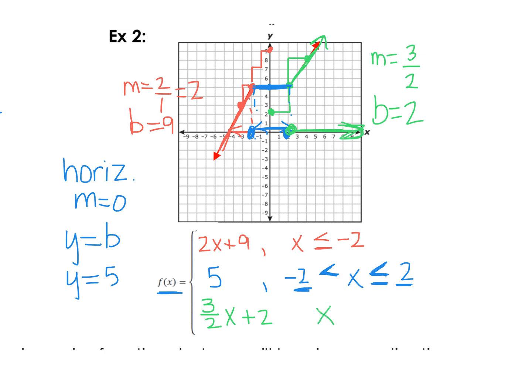But again, it's actually okay if you don't include it in the blue, but you do include it in the green. I just tend to always include it in the previous one. So this is going to be all of our x values greater than 2. And there's your piecewise function.